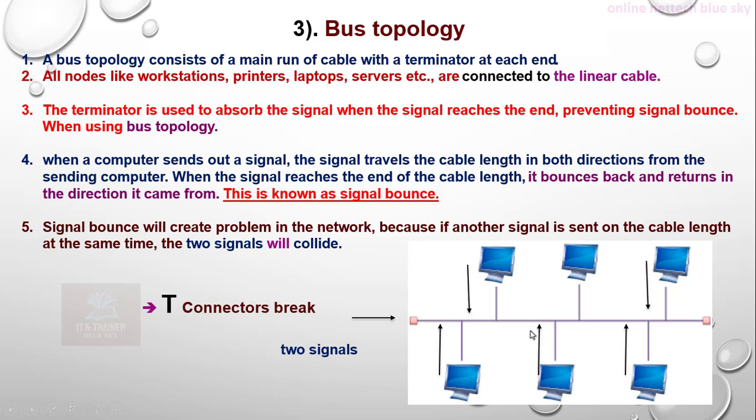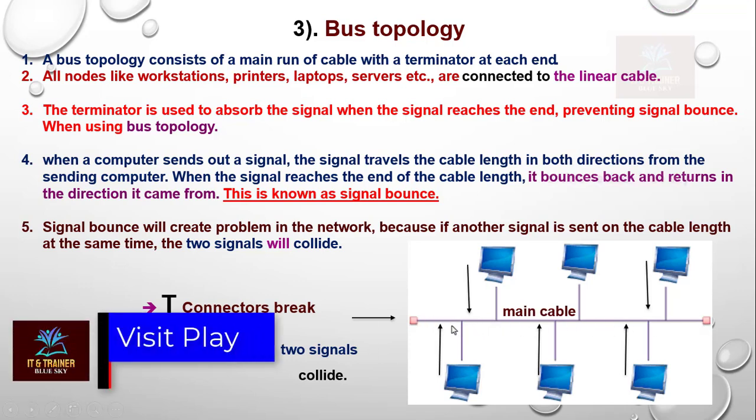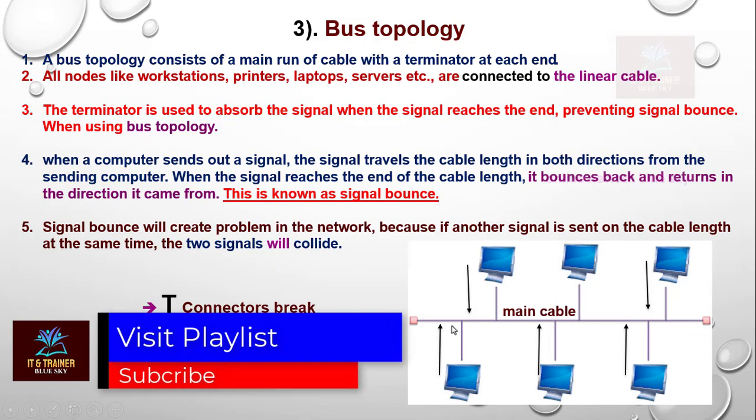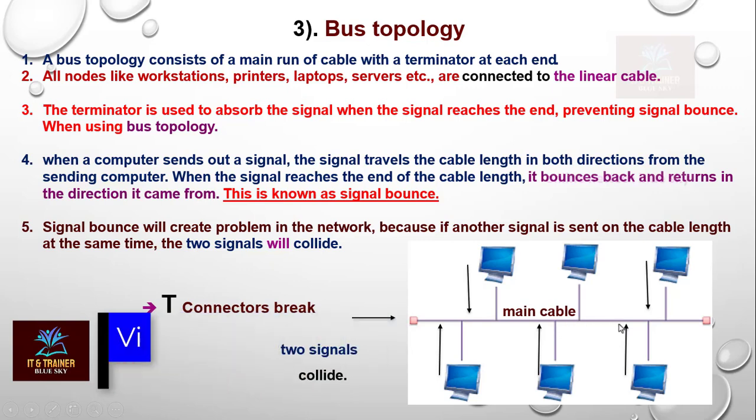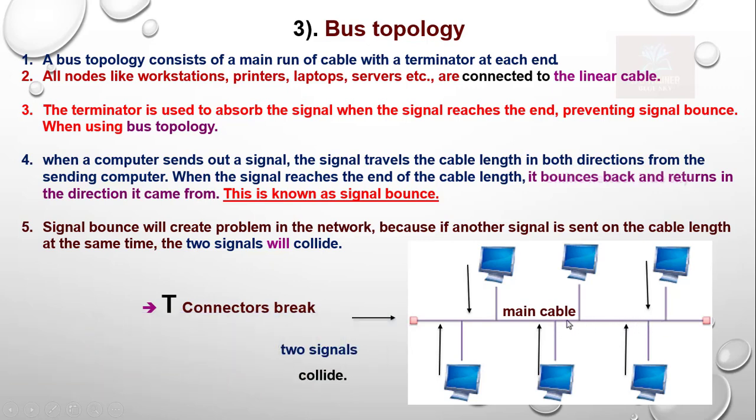Collide means the signals do not meet. This is the main problem of the system. So this is the main cable, the data connects this way, and one T connector is used here. Cut the cable and use T connectors, connecting one by one in this bus topology.